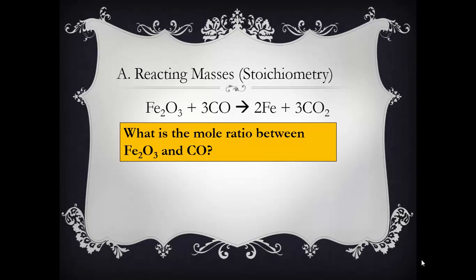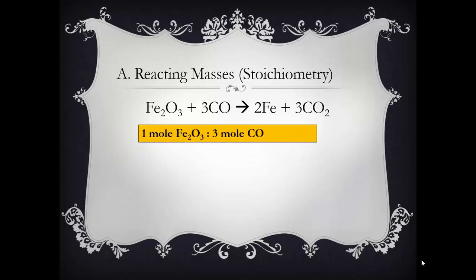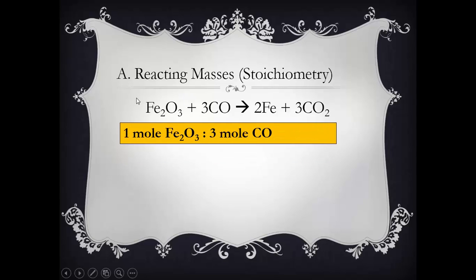So looking at the balanced equation, what is the mole ratio between Fe2O3 and CO? It is a 1:3 ratio. You can see there's no number here, but it's assumed to be 1, and there's 3 here for CO, so it's a 1:3 ratio. That means for every mole of iron oxide you would have to have 3 moles of carbon monoxide.